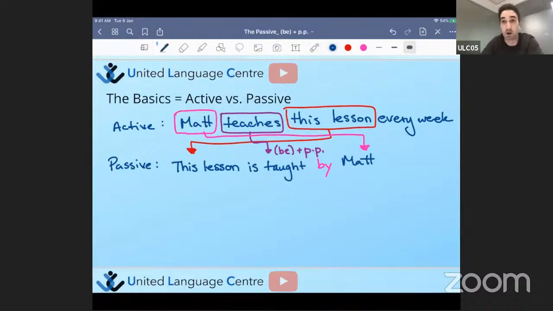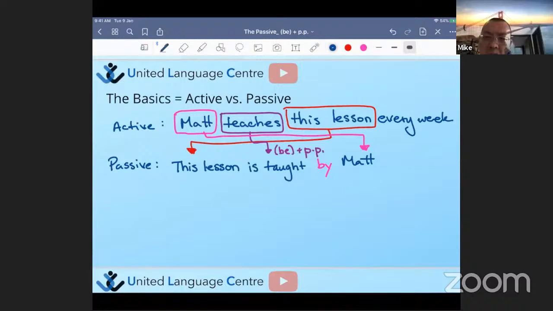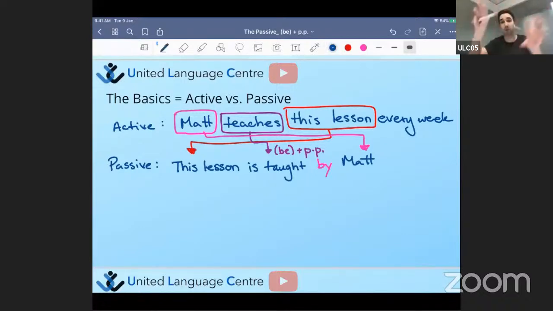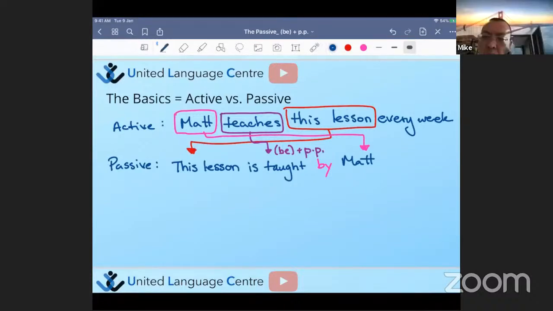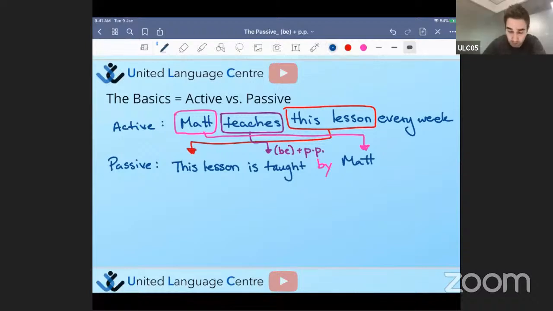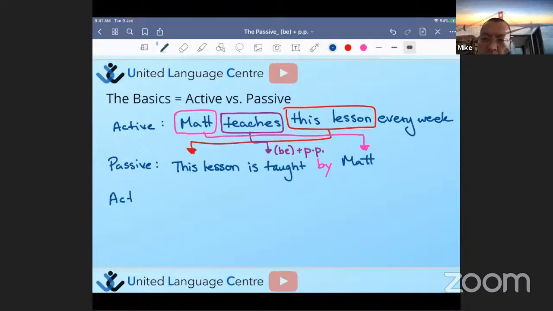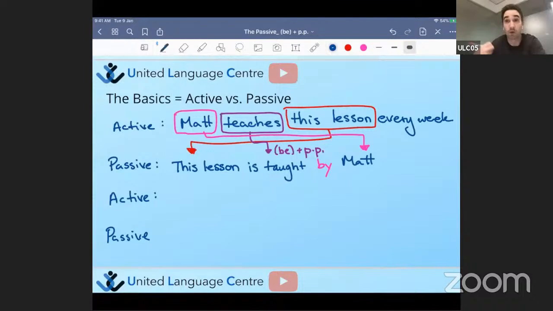This is exactly the same meaning, we just change the structure of the sentence. The object becomes the subject, or the first part of the sentence. And why do we do this? We'll talk about that in a few minutes. But let's look at another example, maybe in this case we can go the other way.